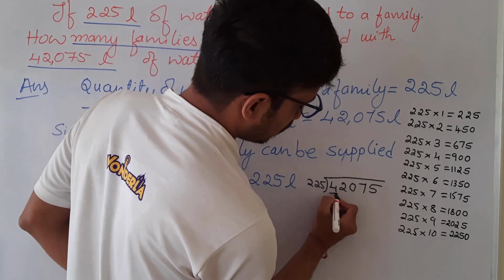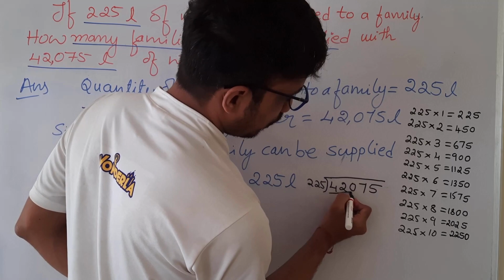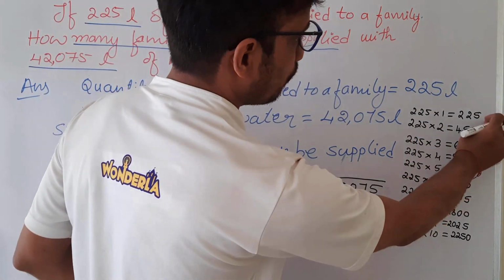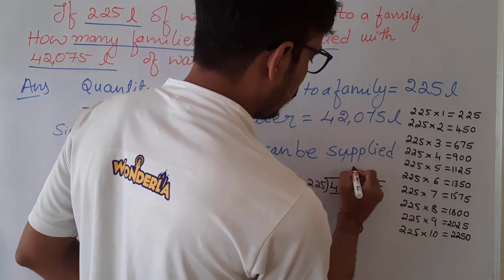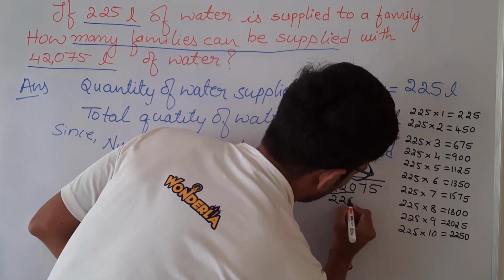If I take the first digit, it is smaller. If I join 2 digits, again it is smaller. If I join the 3 digits, we get 420. The nearest multiple is 225, because 2 times is more than 420. So I will take 1 times 225.